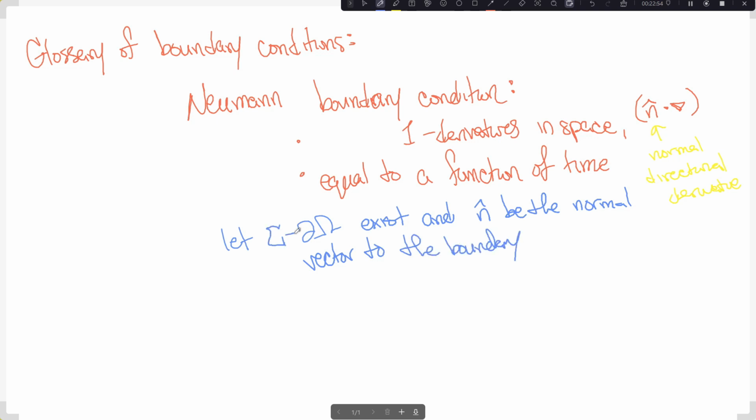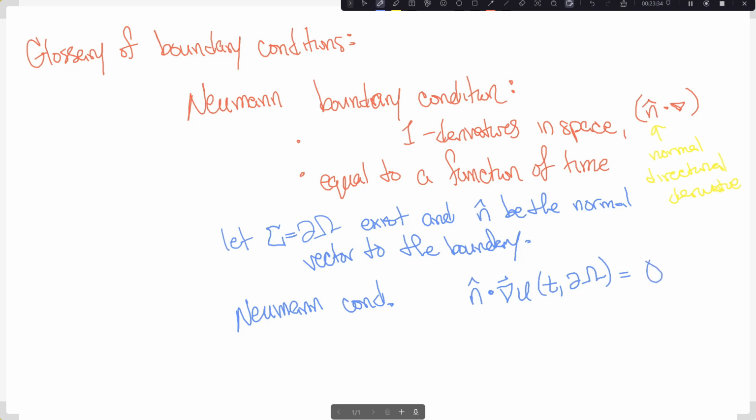And of course, if that's the boundary of a surface, or a boundary of a three-dimensional object, then it's actually a surface. And this is why we care about calculating surface normals. A Neumann condition, an example would be n vector dot the gradient on u evaluated in time at the boundary, in space, is equal to 0.